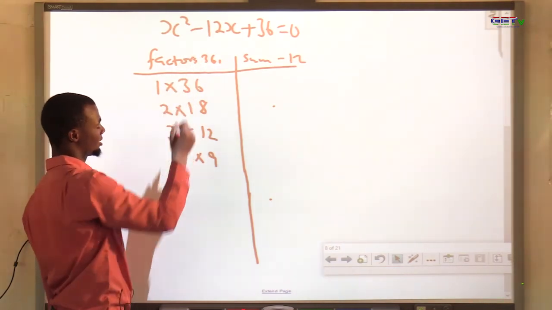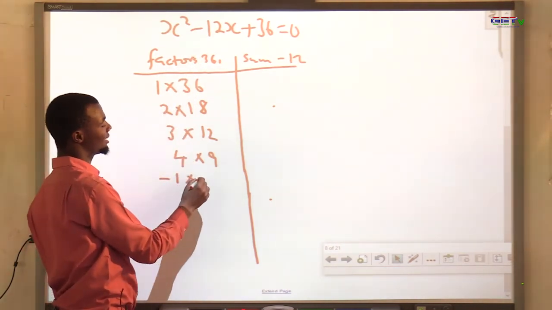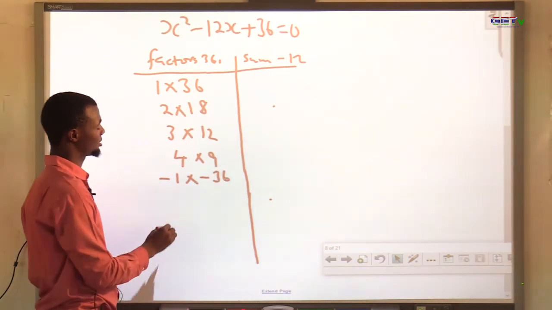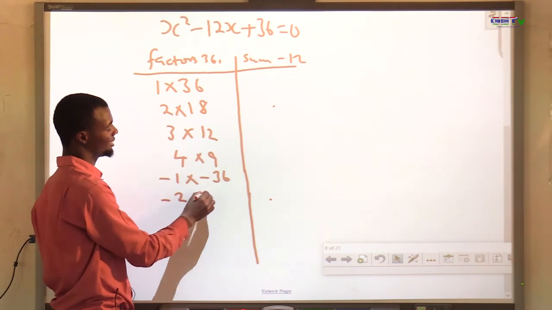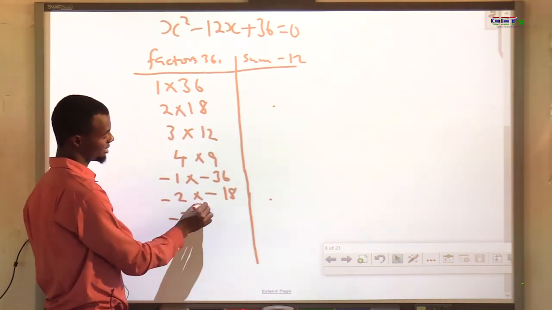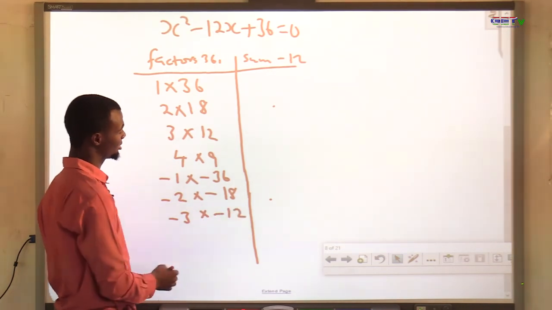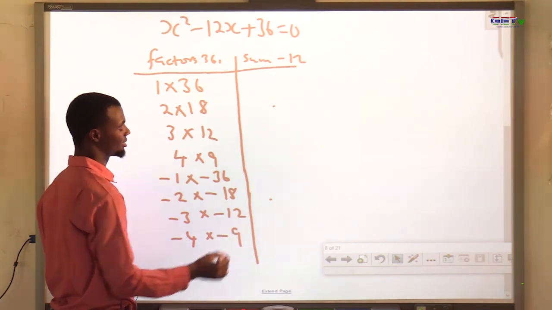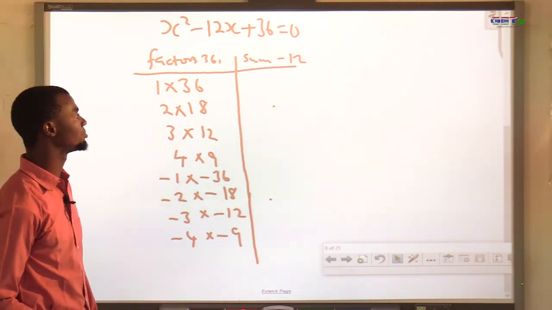Factors of 36: you have negative 1 and negative 36. You have negative 2 and negative 18. You have negative 3 and negative 12. You have negative 4 and negative 9. Let's look at their sum.